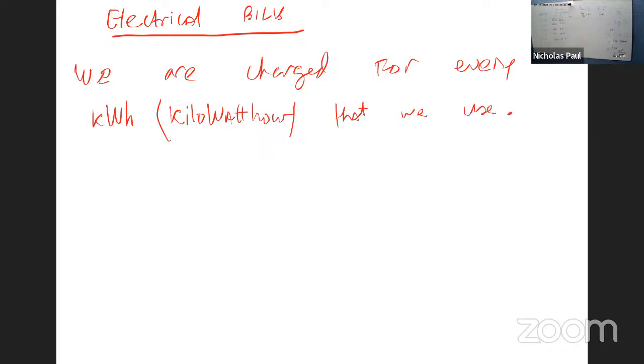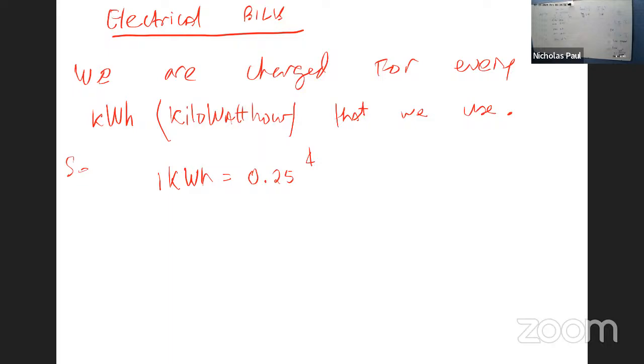KW means kilowatt. Every kilowatt you use in an hour, that's what you're paying for. So 1 kilowatt hour might be around 23 cents or 17. Let's do 25 cents for now. So every kilowatt hour you use, that's 25 cents.